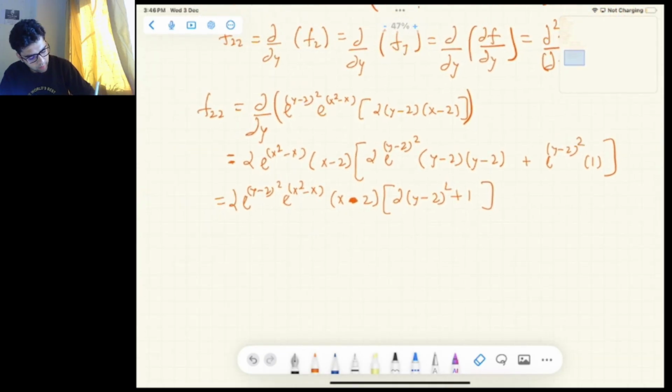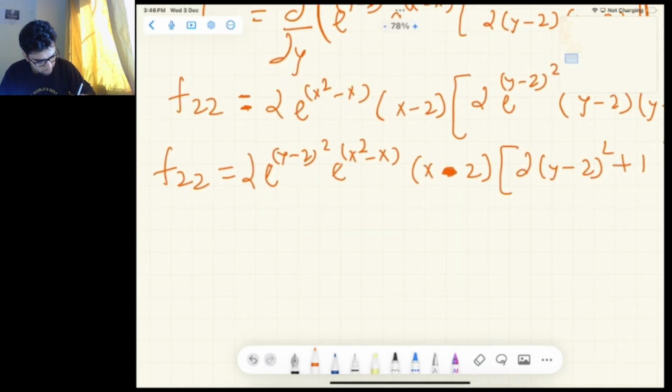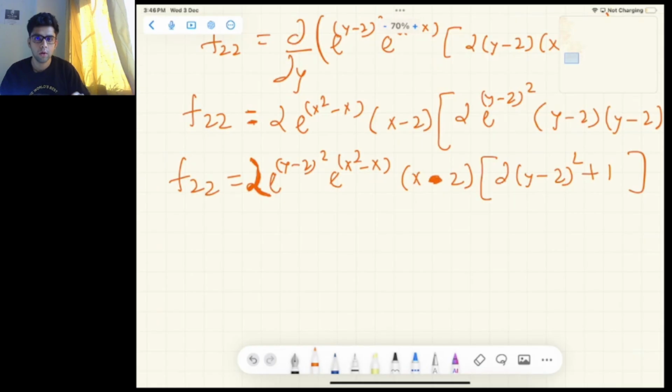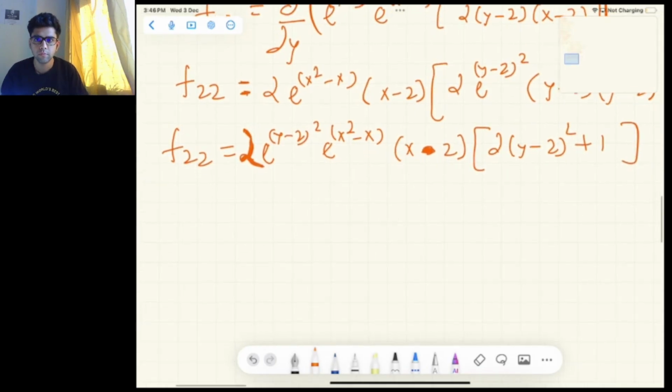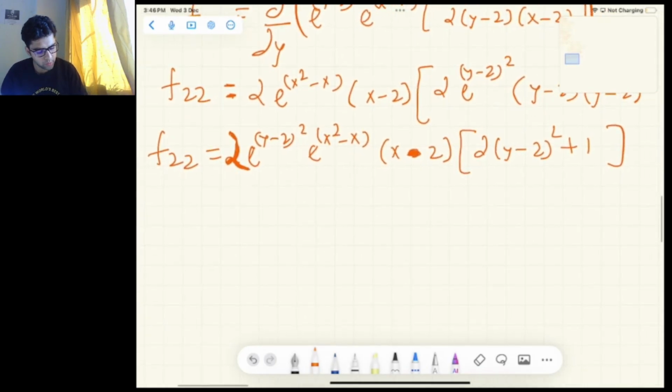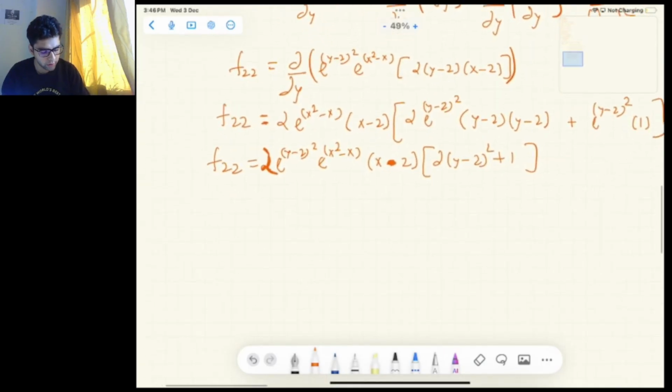So this is my f22. Right, this is 2. So now I need to just put in my stationary points, right?